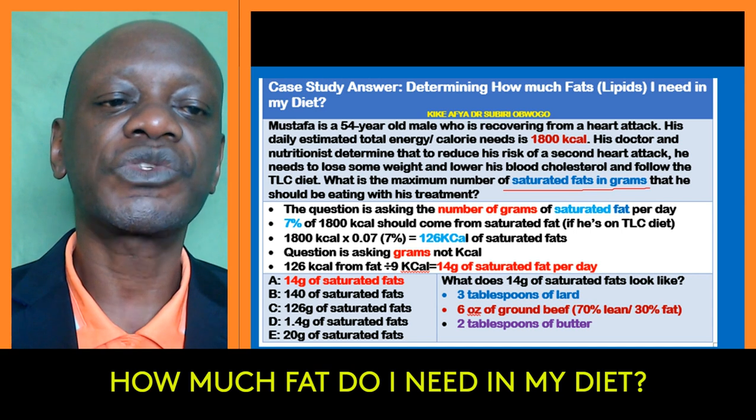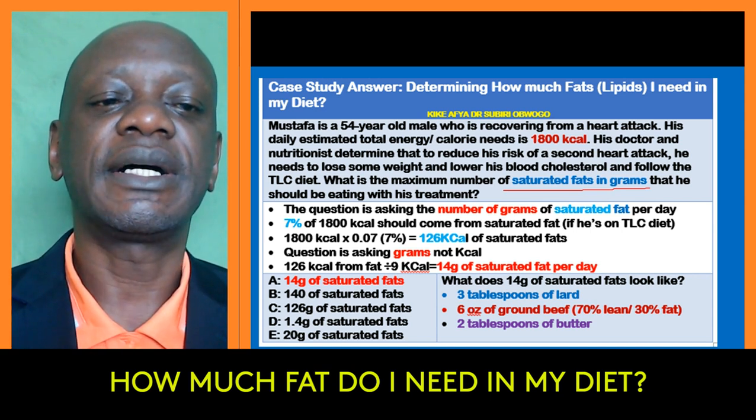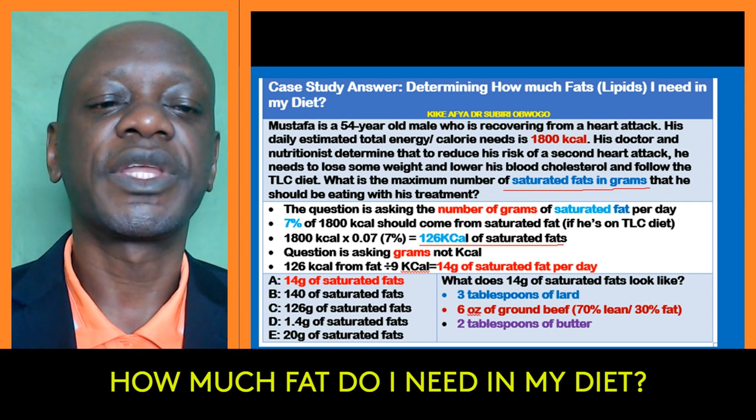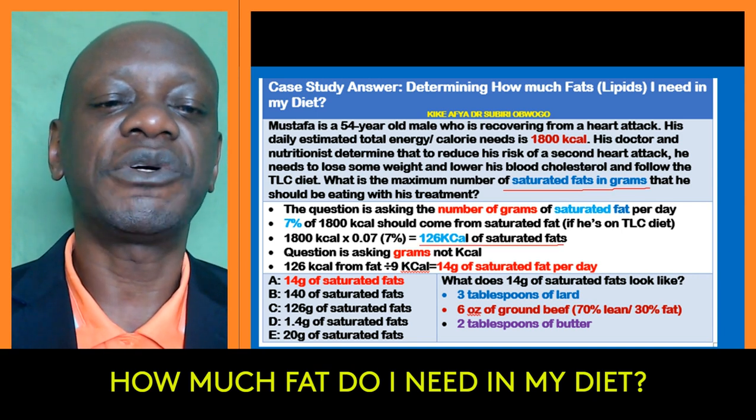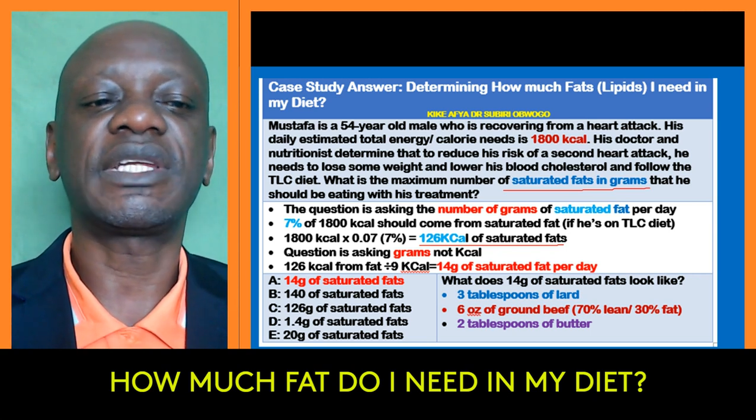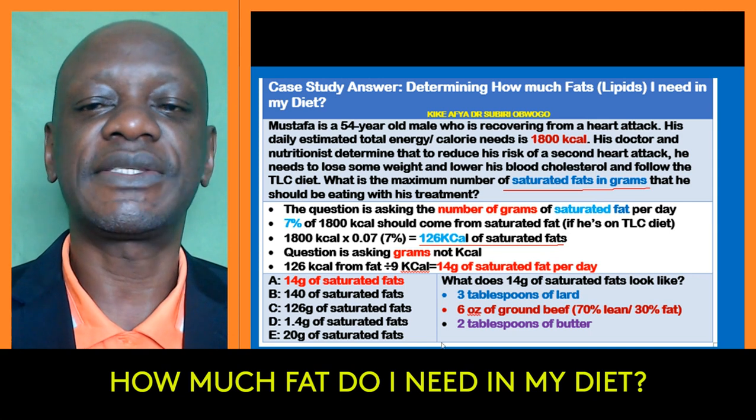That's the limit. So 7% of 1800 should come from saturated fats. That gives you 126 kilocalories of saturated fats. But the question is asking about grams, not kilocalories. Because 1 gram of fat is 9 calories, we divide 126 by 9 to get 14 grams of saturated fats. So the answer is A.